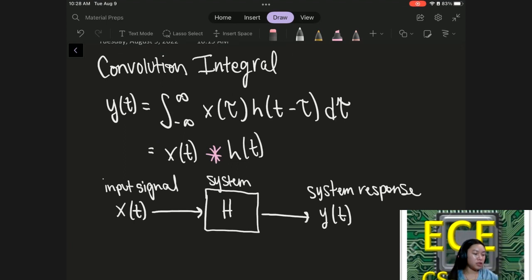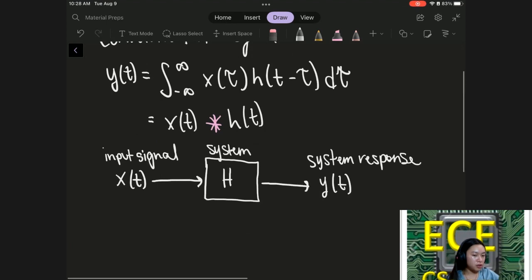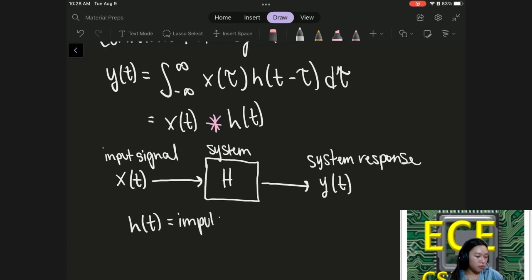And so what's this little h of t? Well, this little h of t is called the impulse response. And what that means is if your input signal is an impulse, your h of t is your output after it's been inputted into the system.